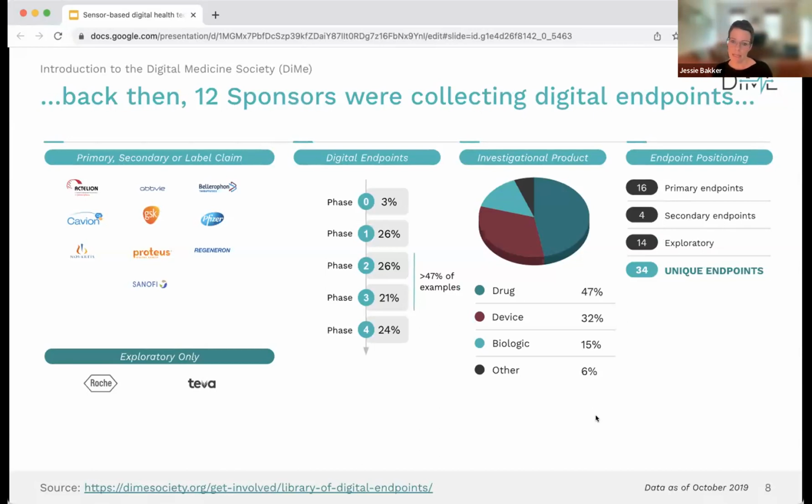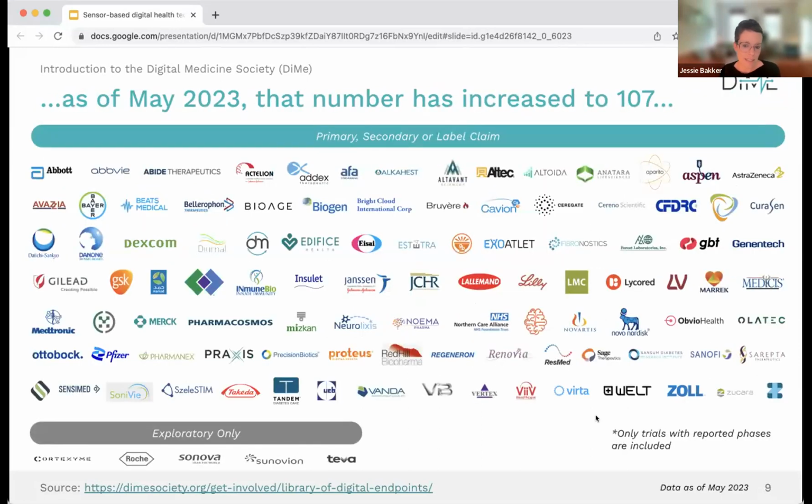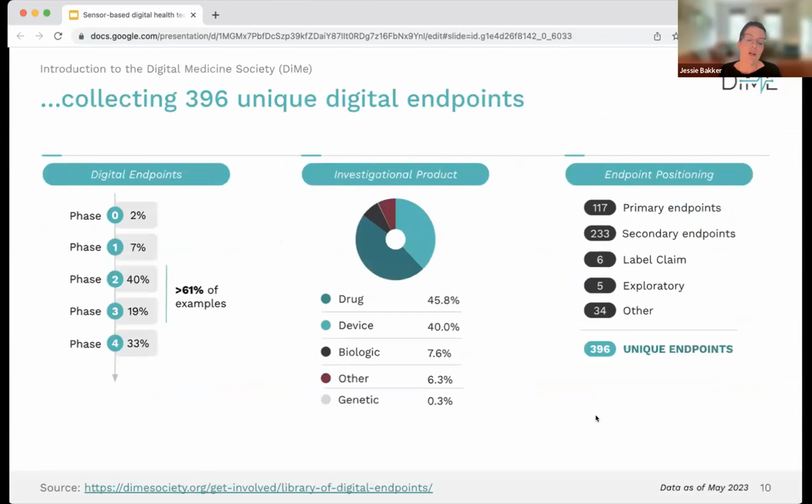And in total, back in 2019, we identified 34 unique endpoints captured by digital measurement tools. As of May of this year, so just under 2 months ago now, the number of sponsors has increased to 107, in total collecting 396 unique digital endpoints, 46 of which are related to sleep.